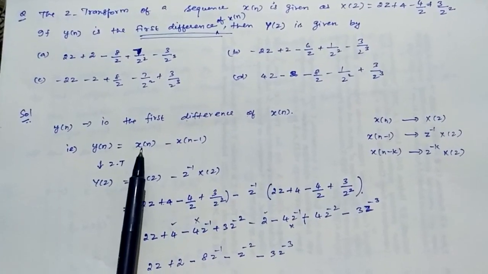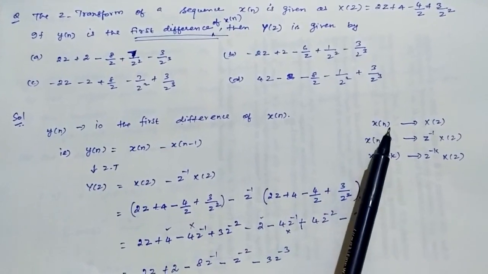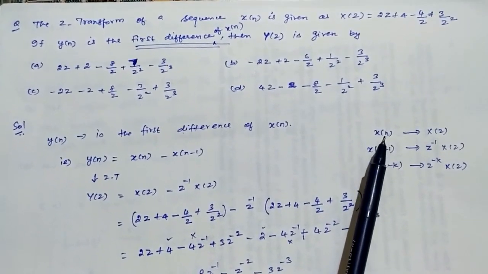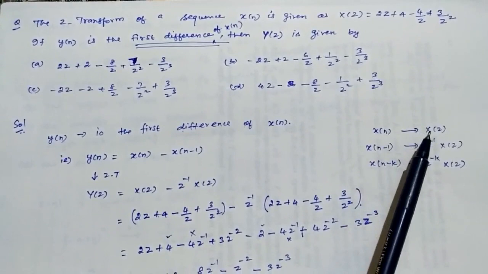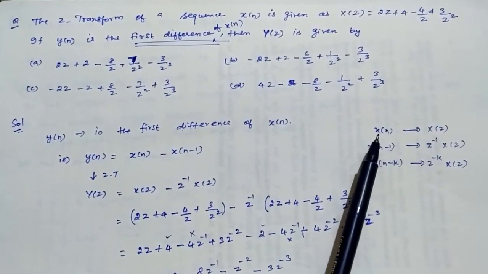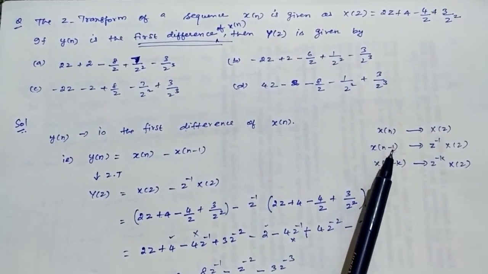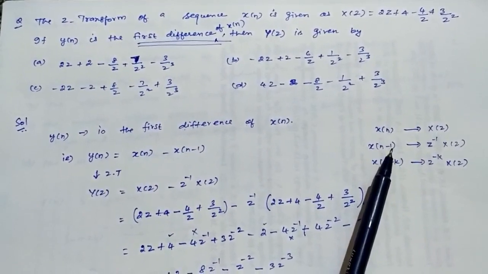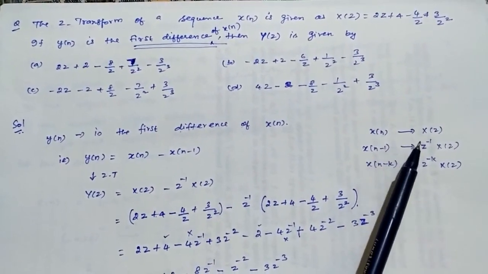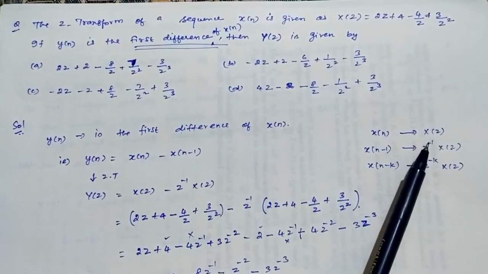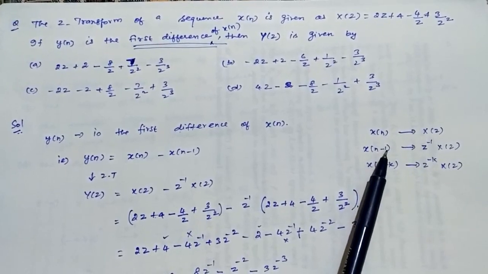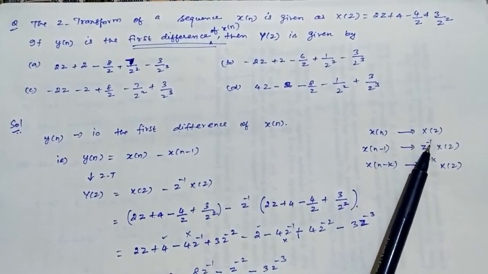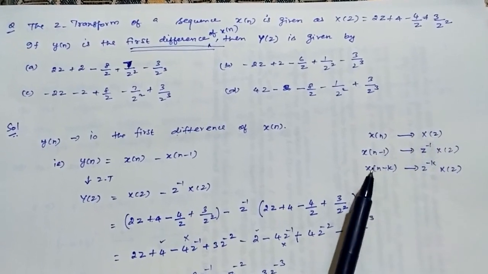Before proceeding, we will recall a property of the Z transform. x of n, whose Z transform is x of z, if delayed by an amount of 1, has the Z transform z power minus 1 times the original x of z.